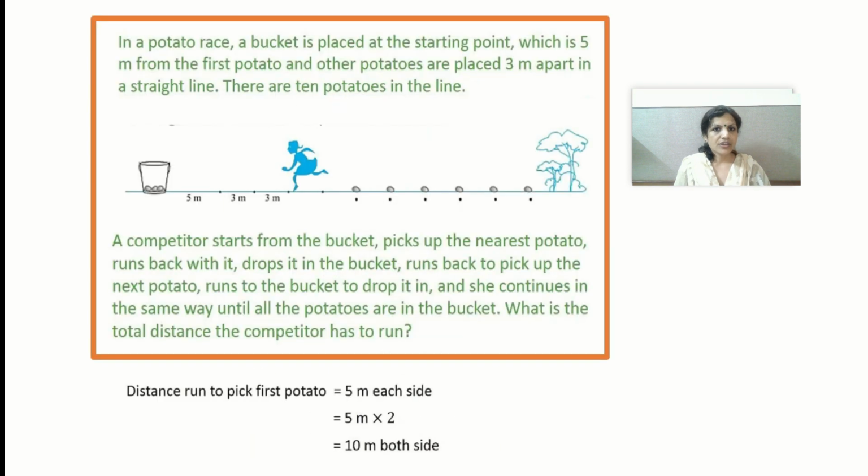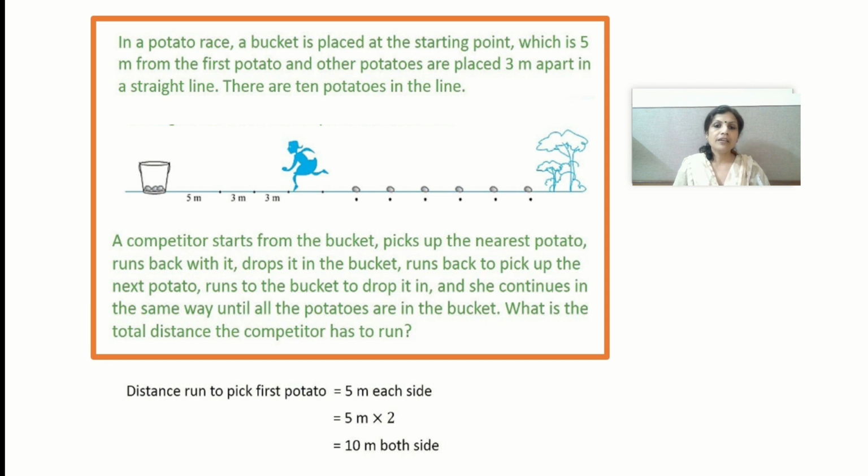This is another interesting sum. Just see. In a potato race, a bucket is placed at the starting point, which is 5 meter from the first potato, and other potatoes are placed 3 meter apart in a straight line. There are 10 potatoes in the line.